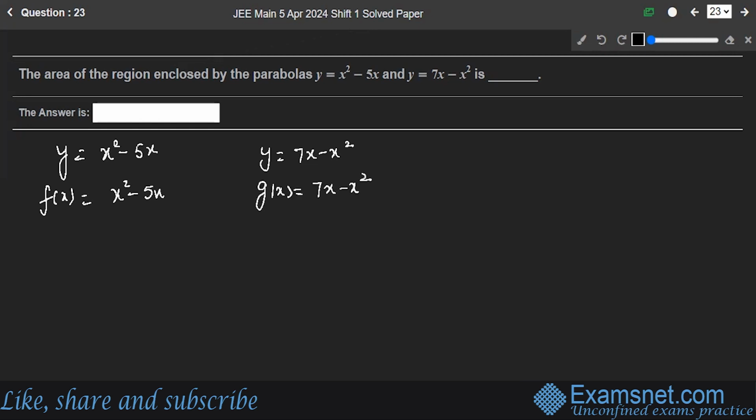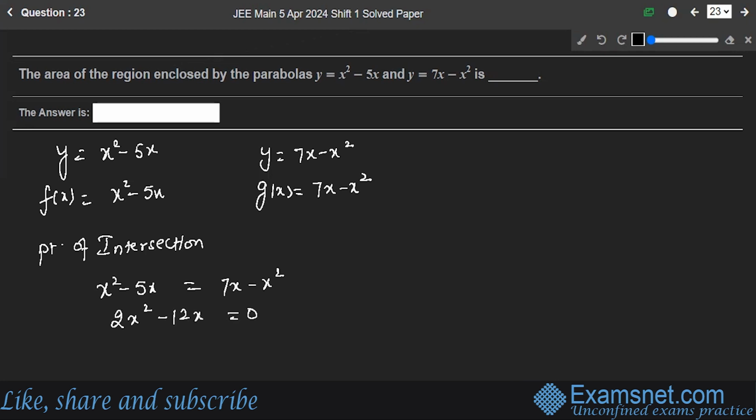Let's find out the point of intersection. For point of intersection, both will have the same values for the x and y. So x square minus 5x equals 7x minus x square, so 2x square minus 12x is equal to 0, or 2x times x minus 6.